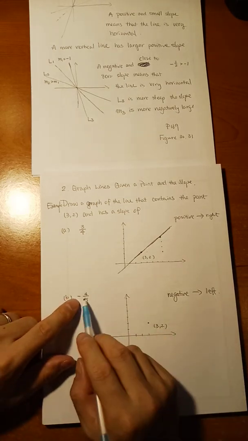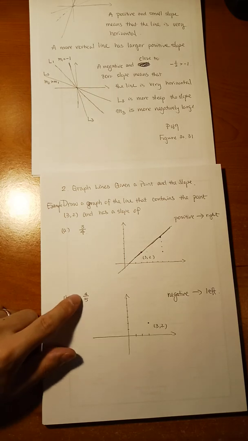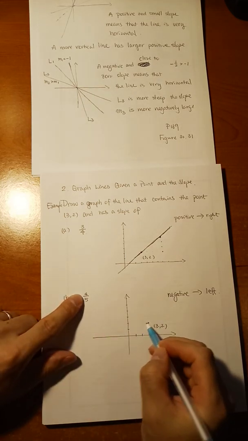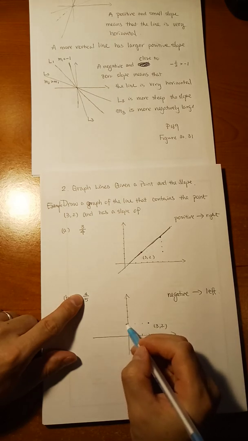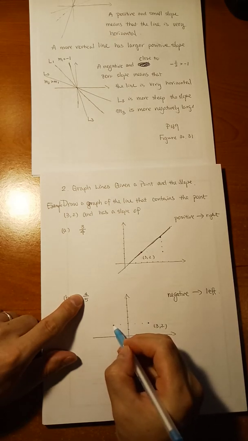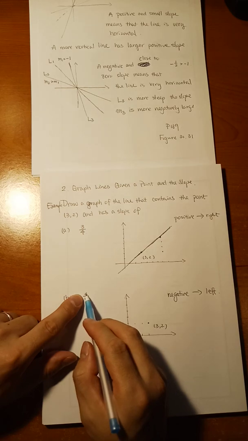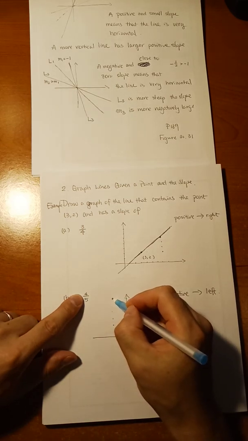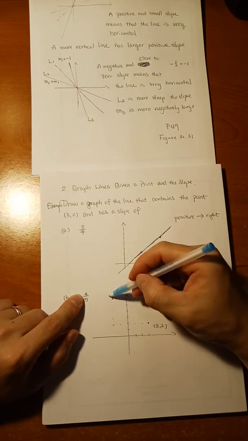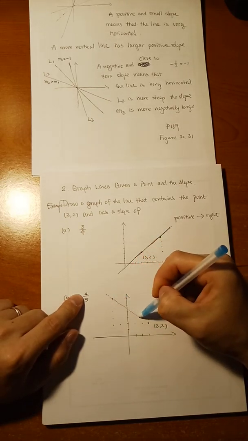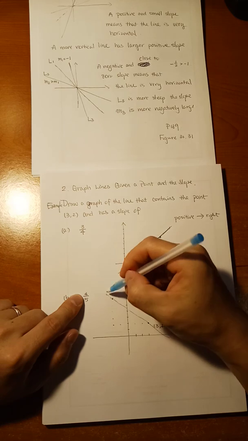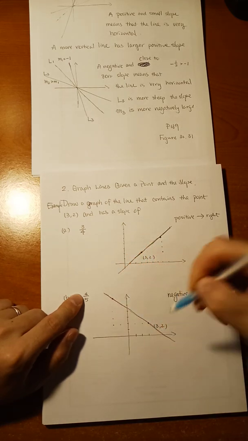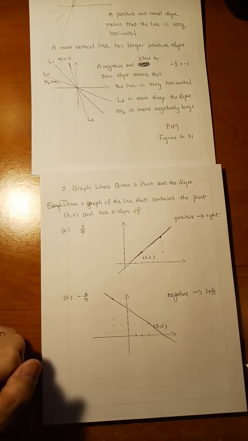Once you determine you will move to the left, you ignore this negative sign. You will see the denominator is 5, so you have 5 units to the left: 1, 2, 3, 4, 5. 5 units is horizontal. Rise is 4: 1, 2, 3, 4. Okay, so it's a second point. Use a ruler, nicely draw it. Okay, so this is a second line.